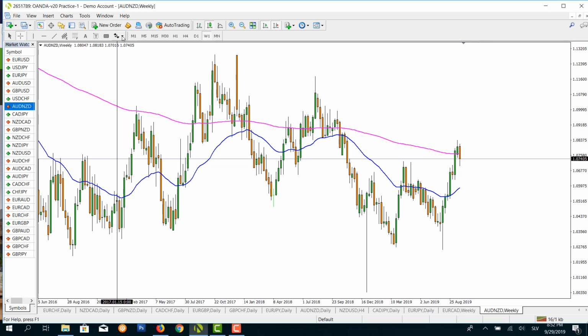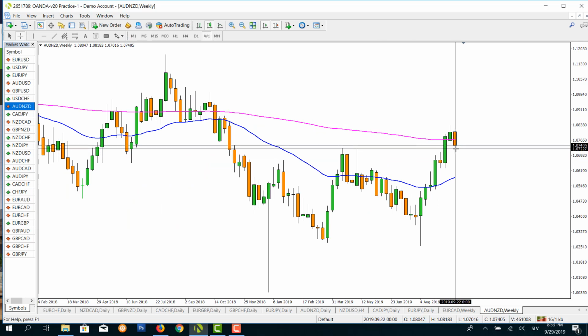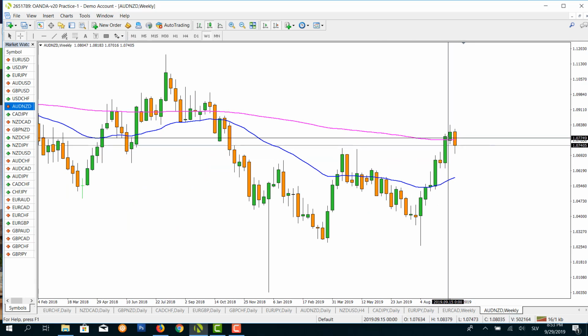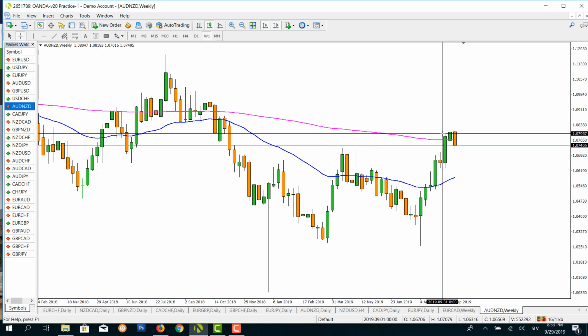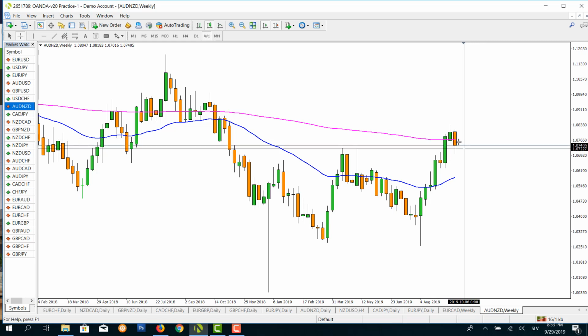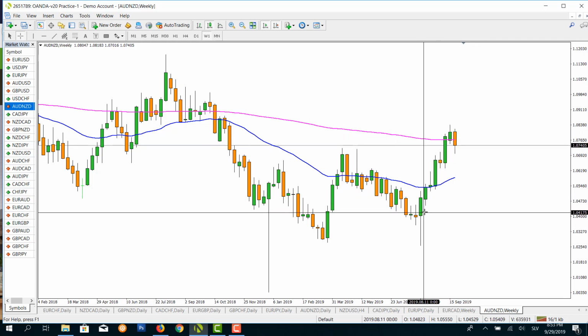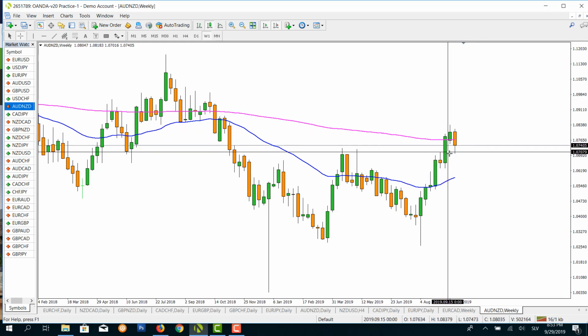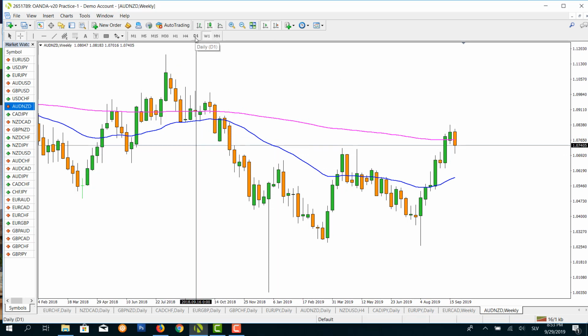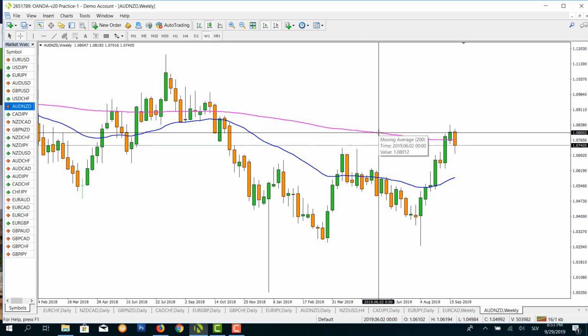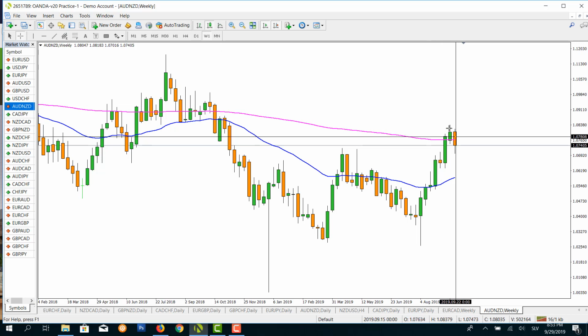So Aussie New Zealand on a weekly time frame, we've got a bearish candle pattern, but it's in the middle of nowhere, guys. This is a very strong impulse and then the bearish candle pattern. There's no call. I cannot get any more information out of this chart.